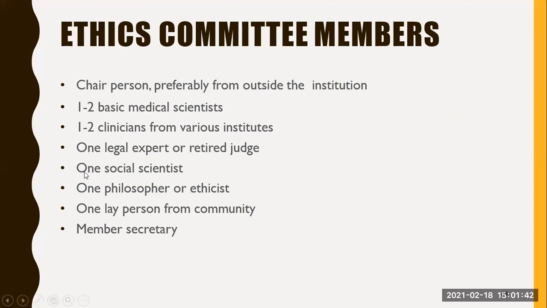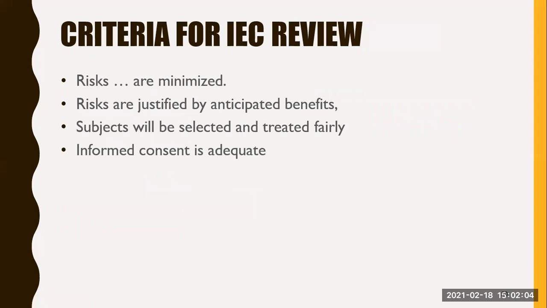Then one social scientist, then one philosopher or ethicist, then one layperson from the community, and one member secretary to look after the agenda and minutes of the meeting of this particular committee.